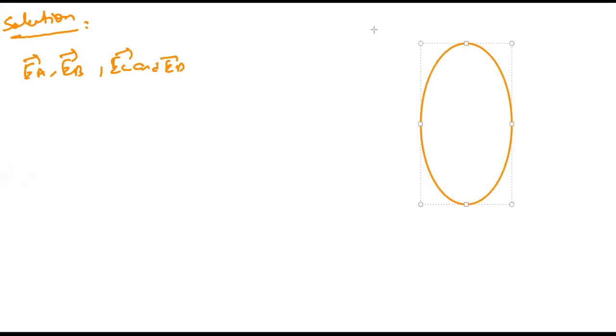The solution will be EA, EB, EC, and ED. These four are the directions of electric field, and your diagram was like this.